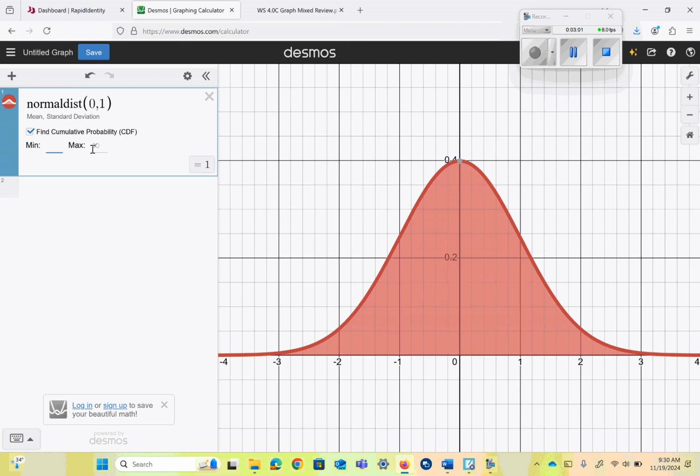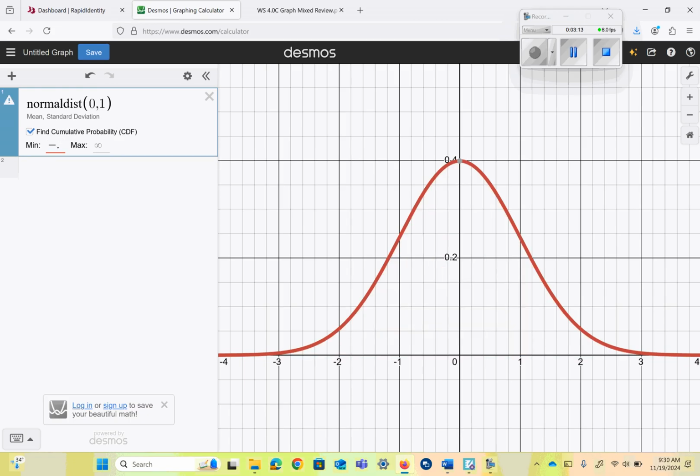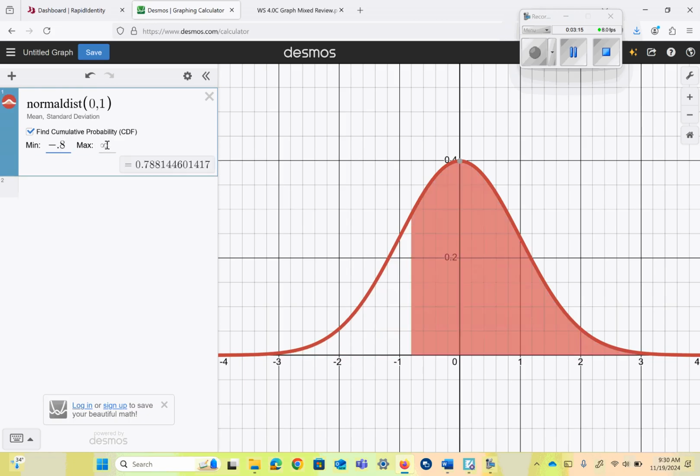So if I go negative infinity to positive infinity, this is 100% of the area. If I go negative 0.08 to positive 0.08, the amount of area that's in between is 57.6%.